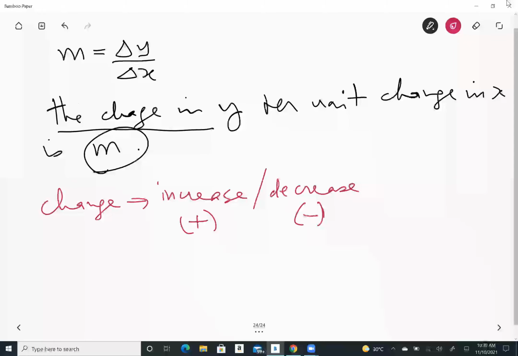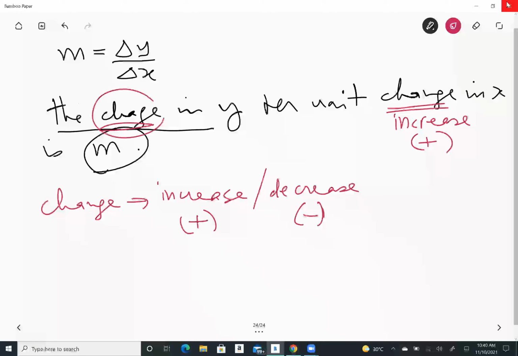So therefore, we start with the two changes, change in y and change in x. Now we start with the change in x. Let's say the change in x is an increase, a unit increase in x. So that means x now increases, it is positive. So the change in y per unit increase in x. Now the change in y can also be an increase or a decrease.